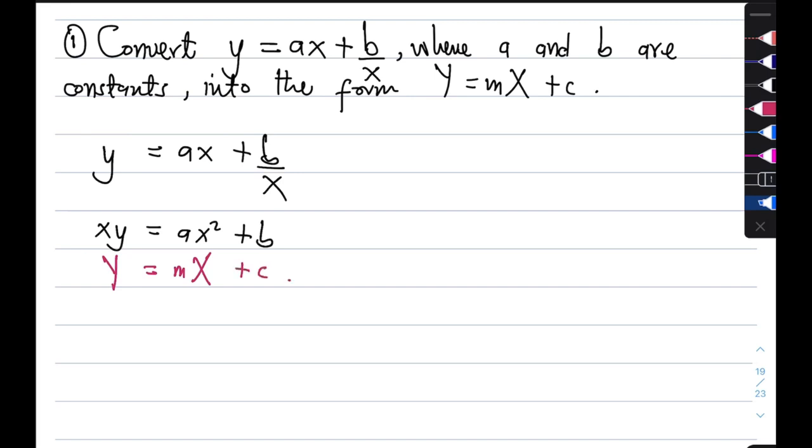And you can say that when you compare, your big Y is actually xy. And then your m has become a, right? And then your big X is x squared, and then your c is equal to b.